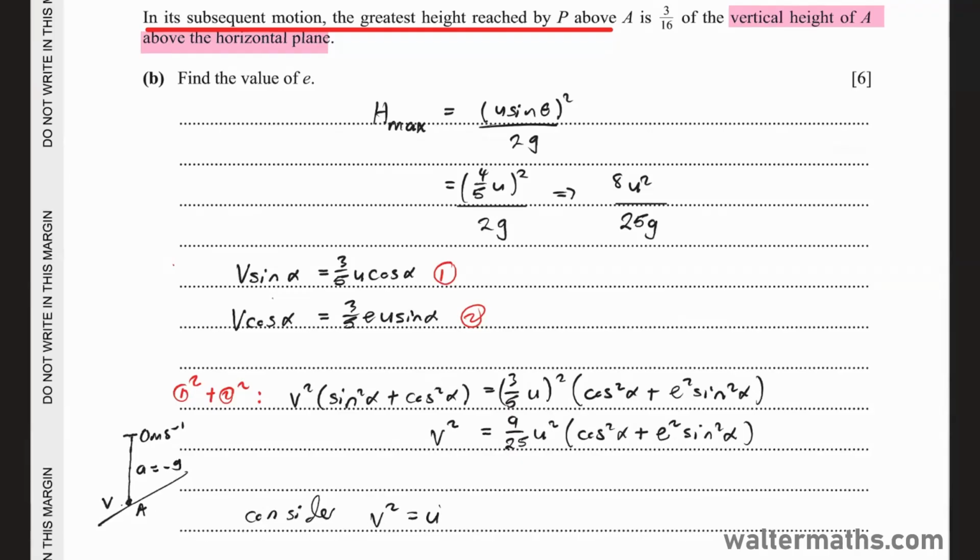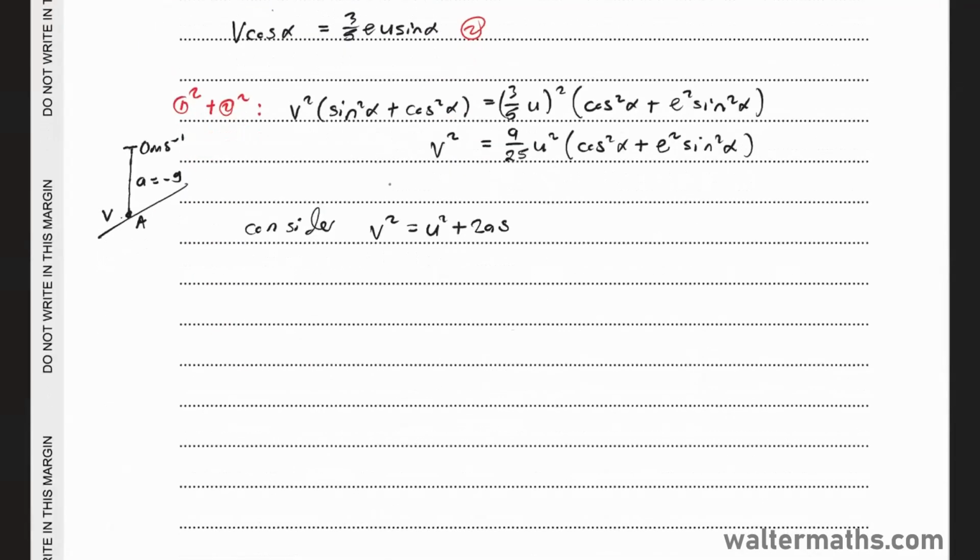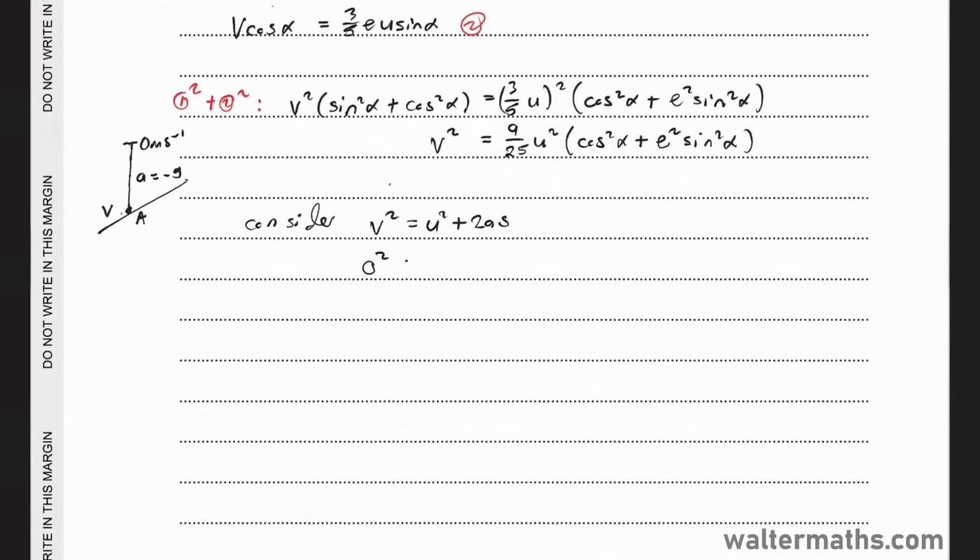So we're going to consider the equation of motion: v squared is equal to u squared plus 2as. Basically, 0 squared is equal to u squared, which is this speed denoted by v squared, so it's 9/25 u squared (cos squared alpha plus e squared sin squared alpha), plus 2as, which is minus 2gs.